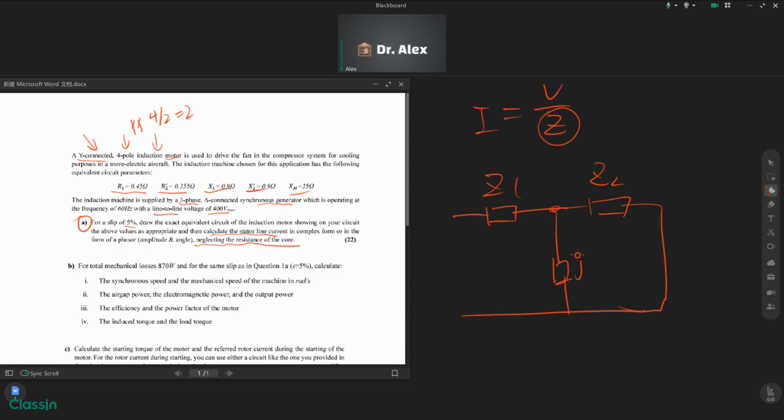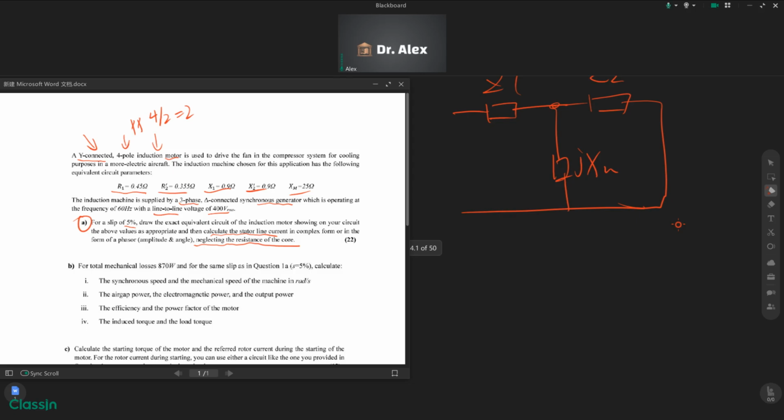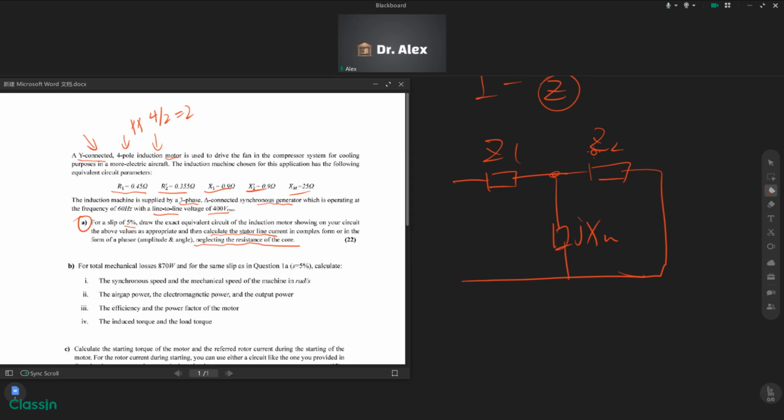Z1, Z2, jXm. Okay? So the total current should be like this. Firstly, Z2 and jXm are in a parallel relationship. So Z parallel equals Z2 parallel jXm.